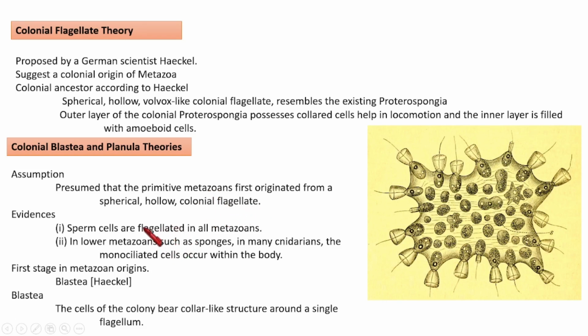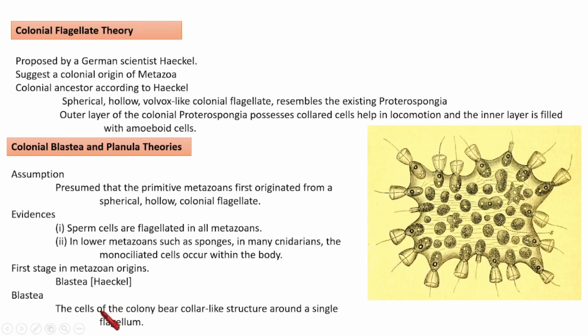So these two evidences support the theory that metazoans have emerged from a colonial flagellate, because all of these are flagellate. And there are two stages in that evolution. The first stage is the Blastaea form, according to Haeckel. What is that Blastaea? Blastaea has an appearance similar to our embryonic stage, the blastula.